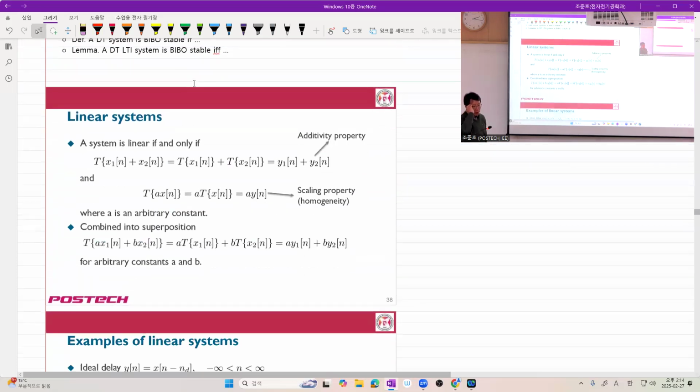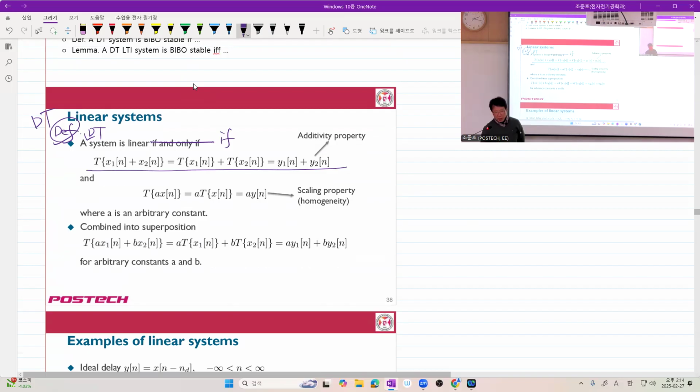So here are the properties of linear systems. What is the definition of a linear system? Of course, a discrete time linear system. So here is the definition. A DT system is linear if this holds and that holds.